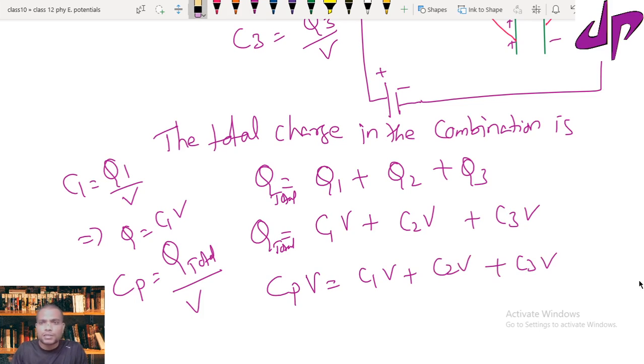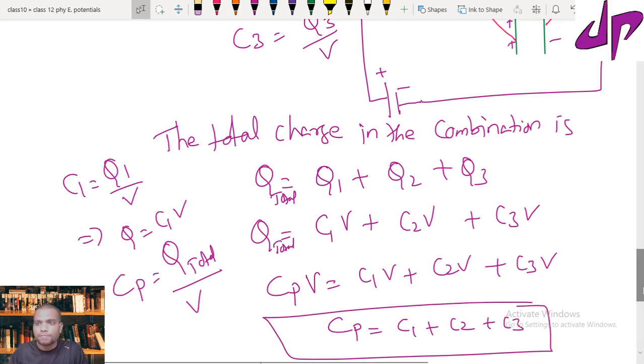Now cancel the common factor, the potential V, which is the same on both sides. So the total capacitance Cp for the parallel combination equals C1 plus C2 plus C3.